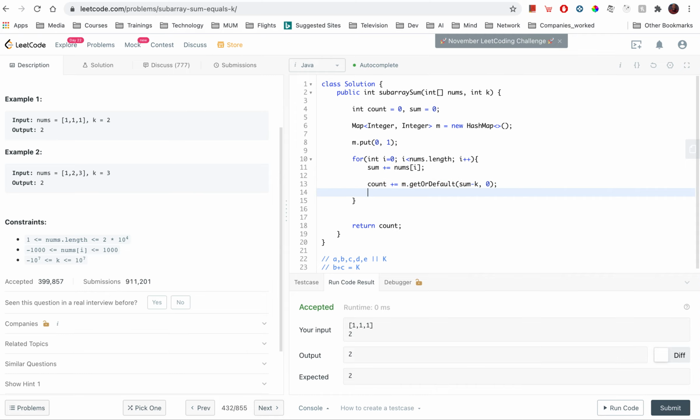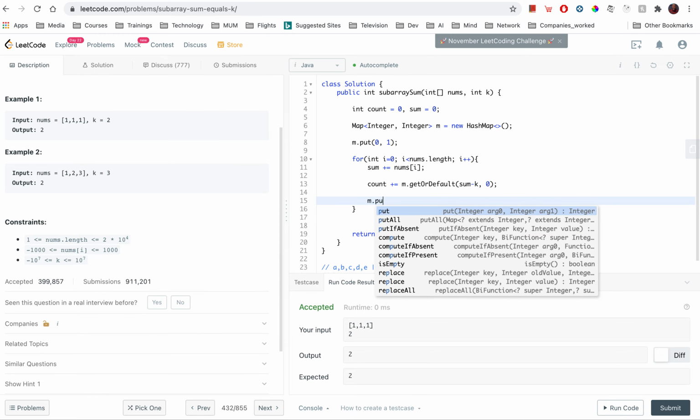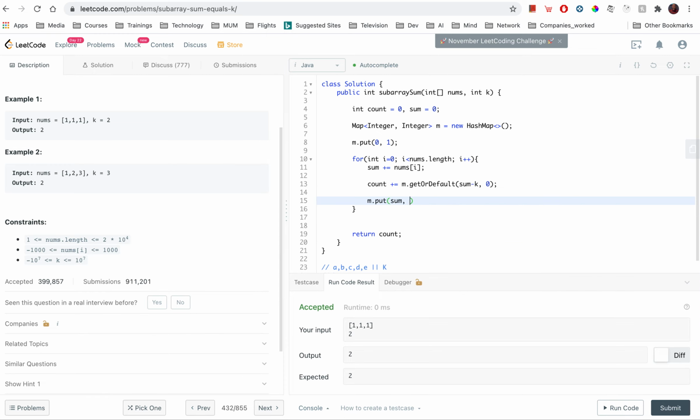And then finally what we're going to do is m.put(sum, m.getOrDefault(sum, 0) plus 1). We're incrementing the occurrence of the sum by 1.